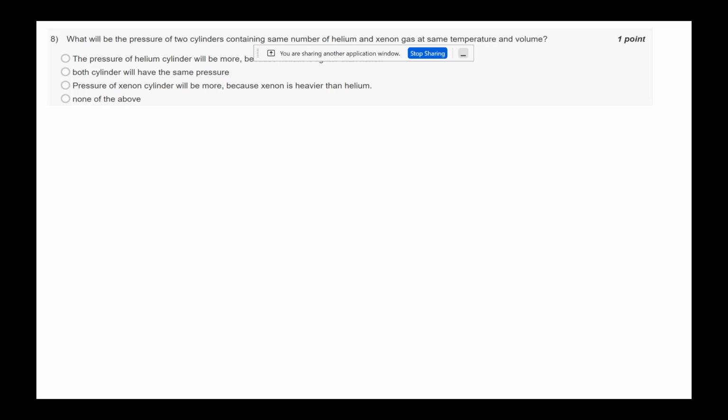As Tathagata said, we know the equation of state, right? This is called the equation of state, PV is equal to nRT, for an ideal gas. So they have the same volume, same temperature, and R is a constant value that doesn't depend on what kind of gas we are taking into account, but that should be ideal, of course.